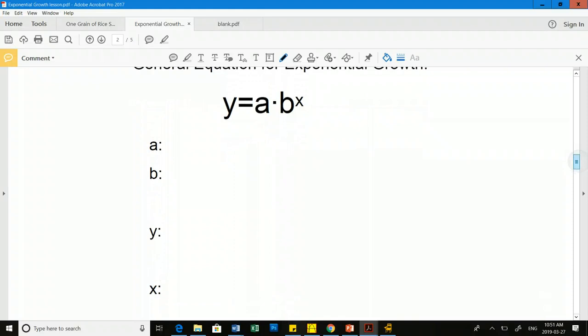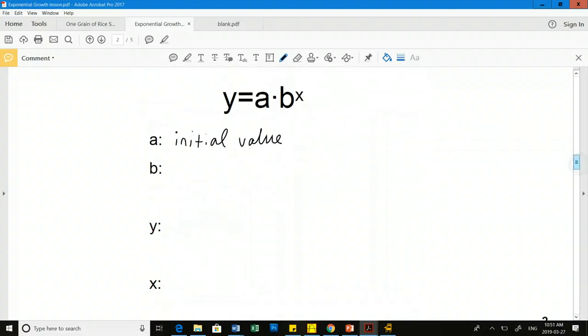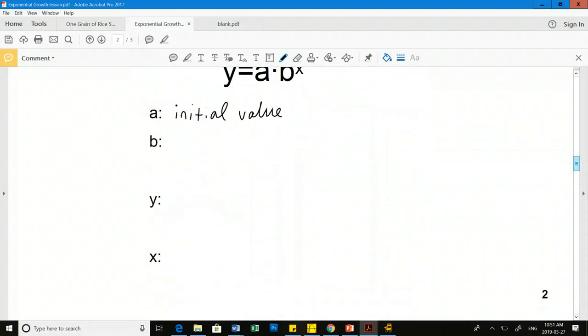Okay, so formula for exponential growth, we have some A value. This is going to be our initial value. Okay, kind of like the 100 cells that we started with in our first example here. Our B value is kind of like the 3 in this equation, or it's also kind of like the doubling in our 1 grain of rice story. So this is going to be what we call our growth or decay factor.